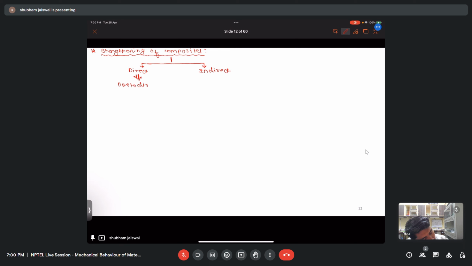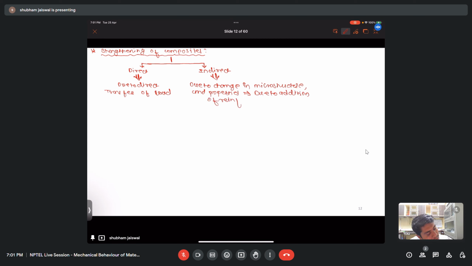And indirect strengthening is due to change in microstructure, or we can say properties, and that is due to addition of reinforcement.